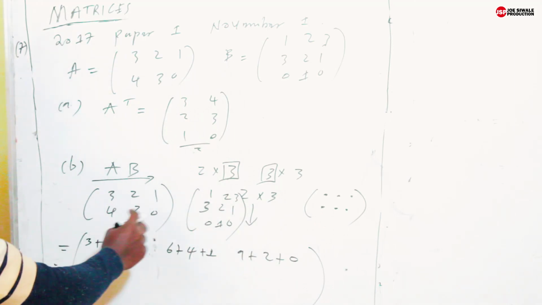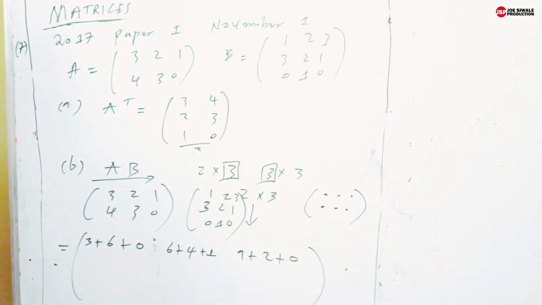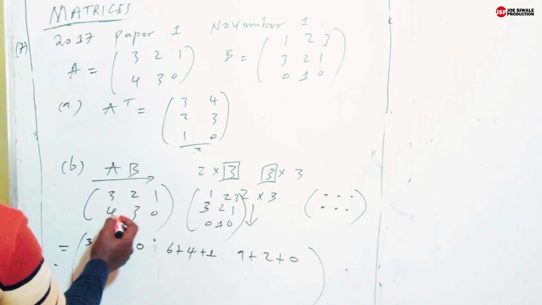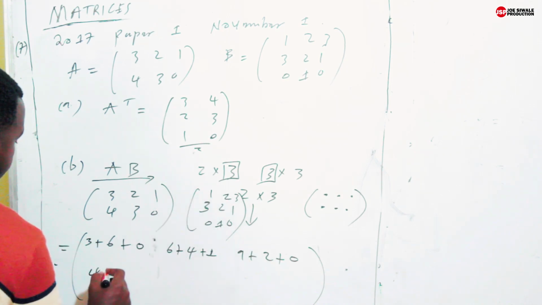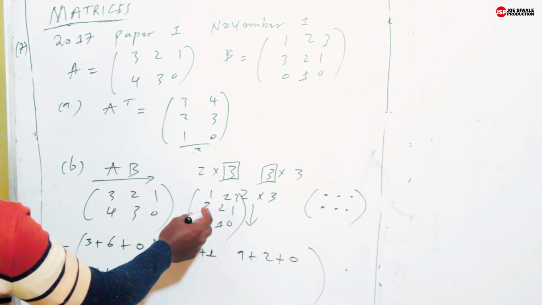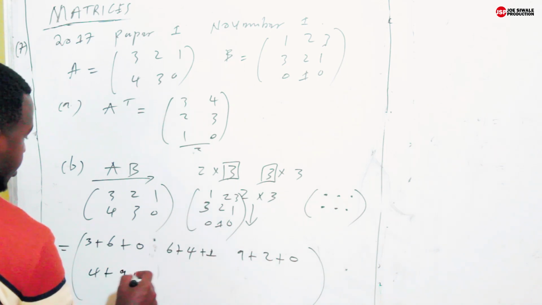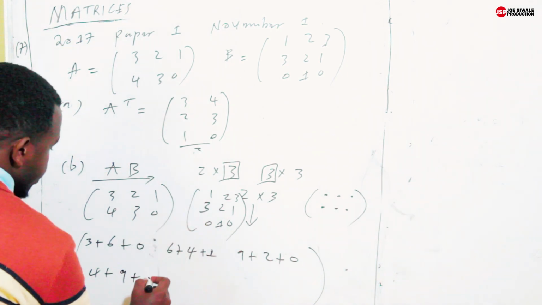We're going to go to the elements in the second row. So we're going to say 4 multiplied by 1, we're going to have 4, plus 3 multiplied by 3, we're going to have 9, plus 0 multiplied by 0, we're going to have 0.